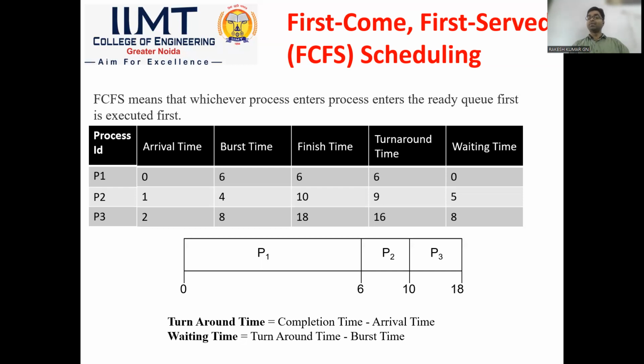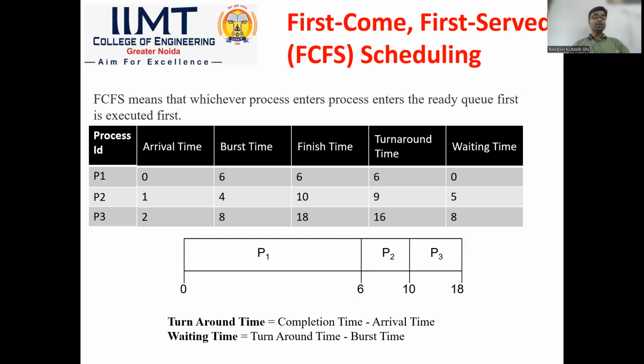Now basically, arrival time means the time when a process arrives in the ready queue, and burst time means how much time it will take to execute for its completion, or how much time a particular process wants a particular resource.